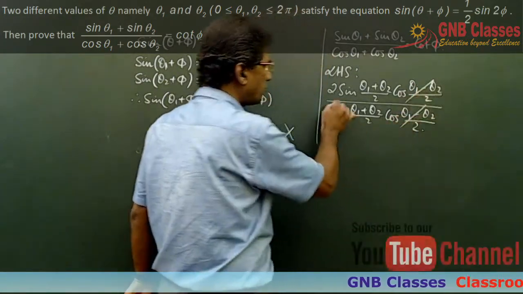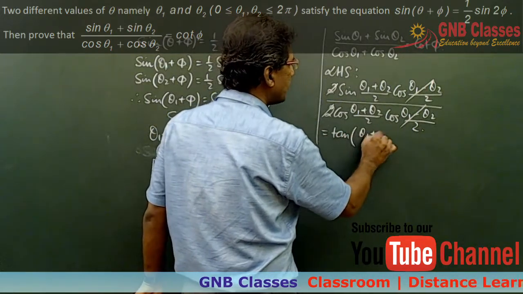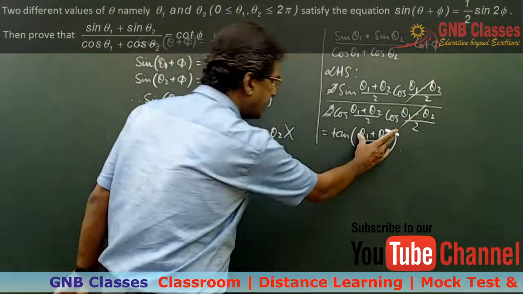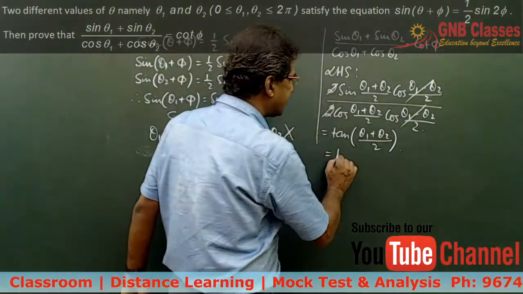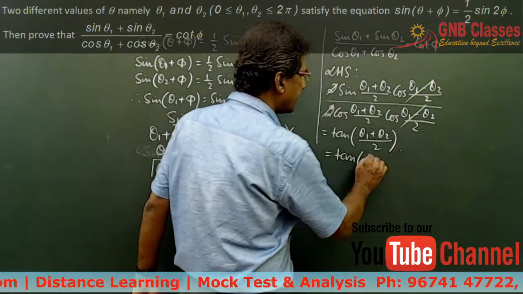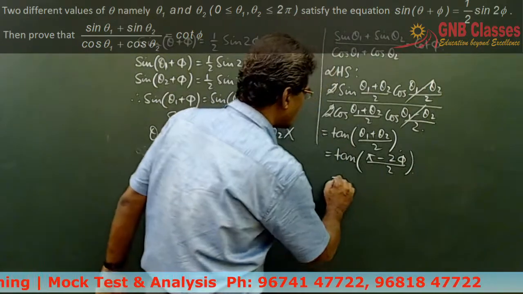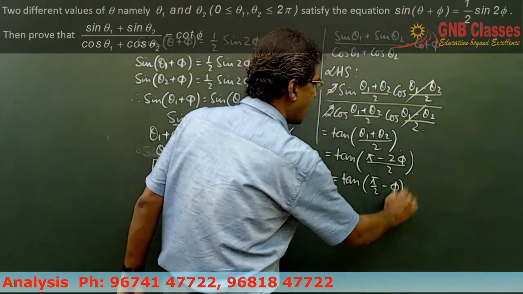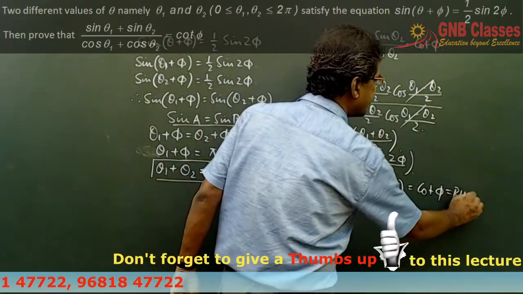Cos goes off, 2 goes off, so we are left with tan((θ1 + θ2)/2). Is it clear? Now θ1 + θ2 is nothing but π minus 2φ. So we can write this as tan((π − 2φ)/2). So we are left with tan(π/2 − φ), which gives you cot φ, which is nothing but your right hand side. Is it clear?